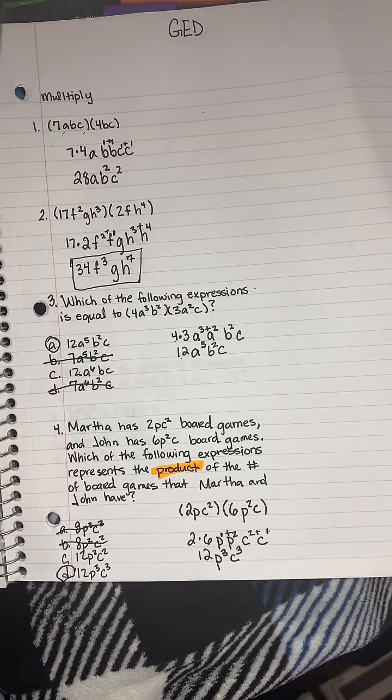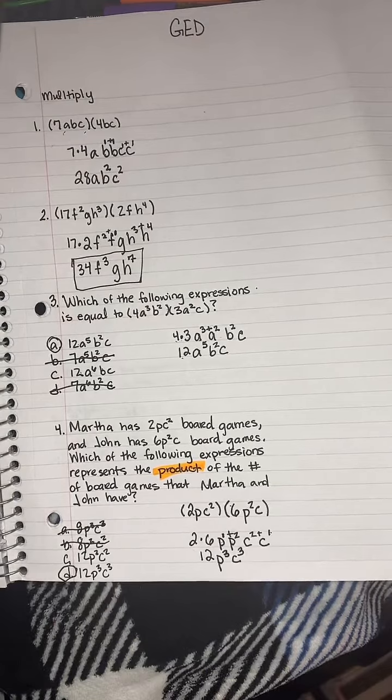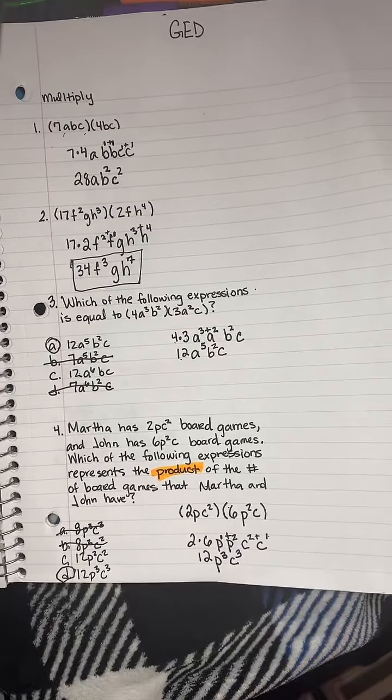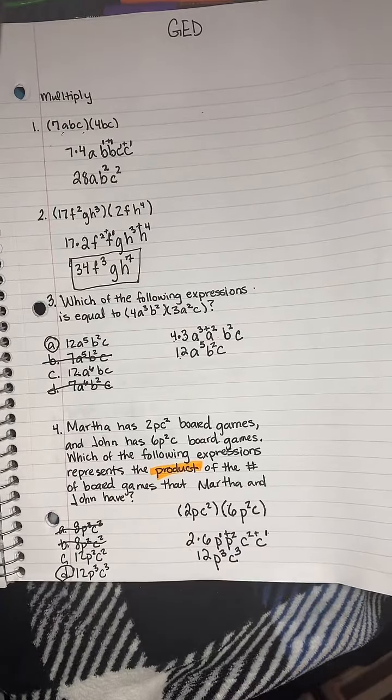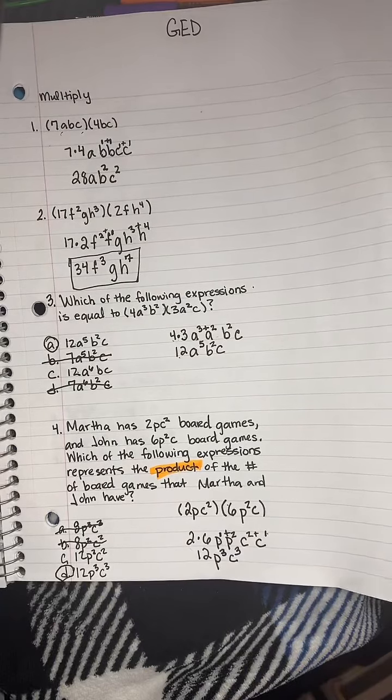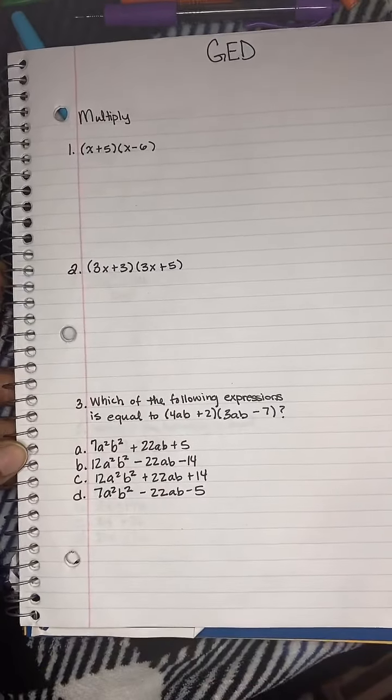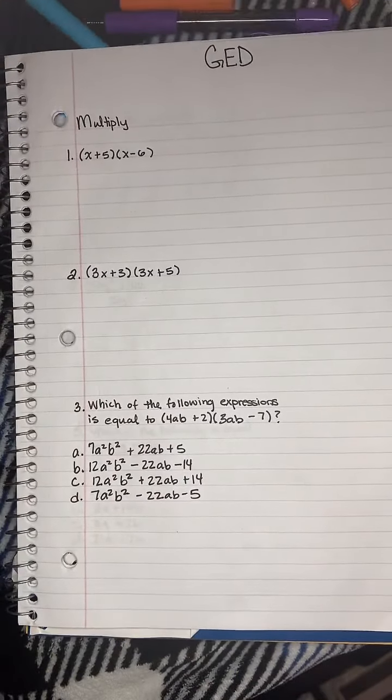So then I would say 2 times 6. I would have a P and a P squared. I would have a C squared and a C. Okay. Are people changing their answers, or are we still sticking with D? Okay, so 2 times 6 is 12.